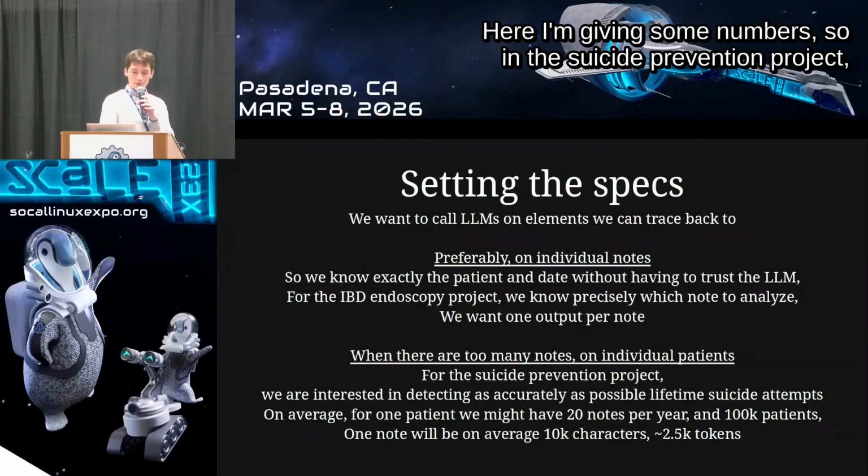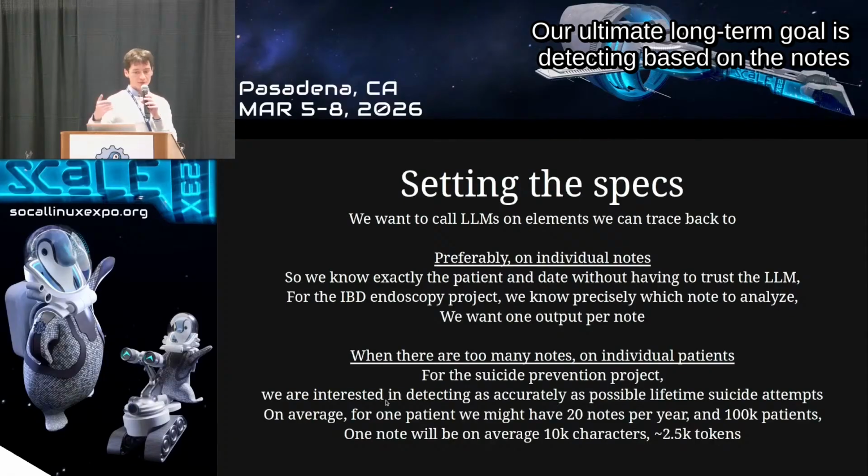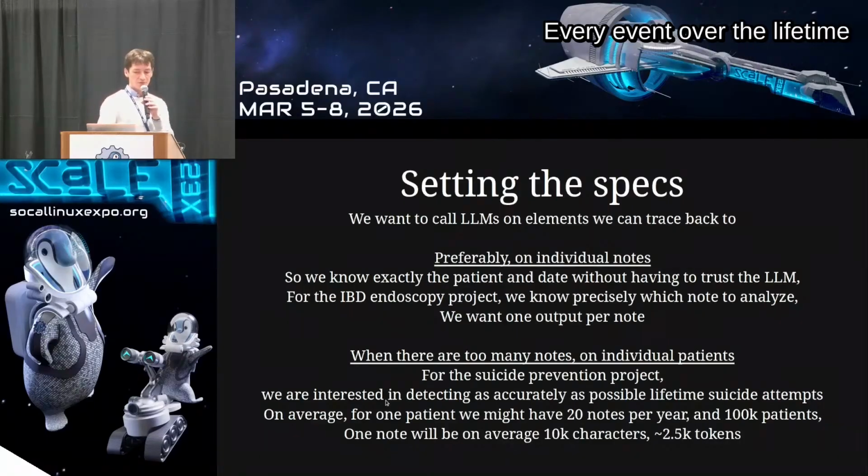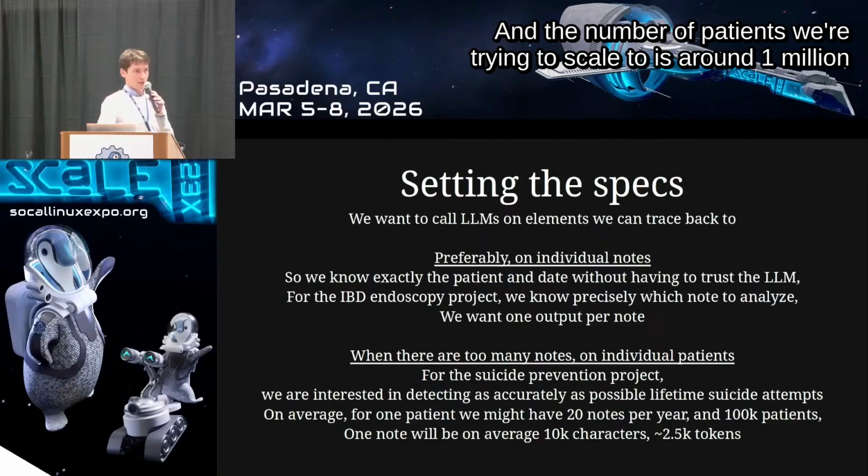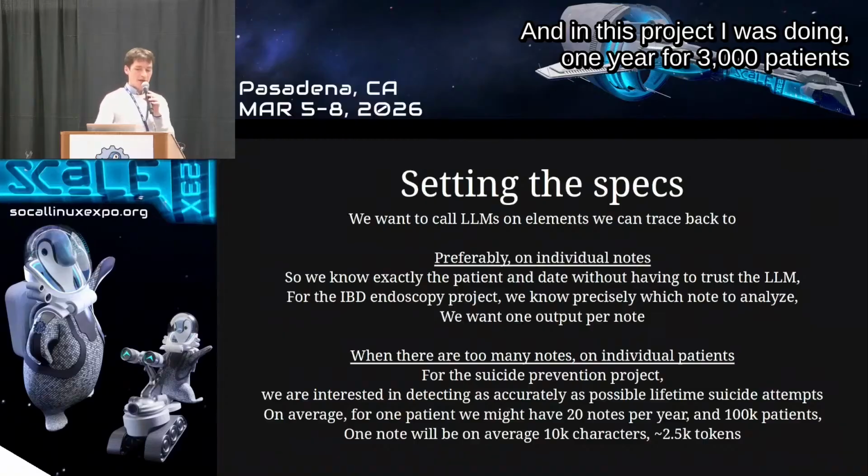Here I'm giving some numbers. So in the suicide prevention project, our ultimate long-term goal is detecting, based on the notes, every event over the lifetime. And the number of patients we're trying to scale to is around 1 million. And in this project, I was doing 1 year for 3,000 patients.